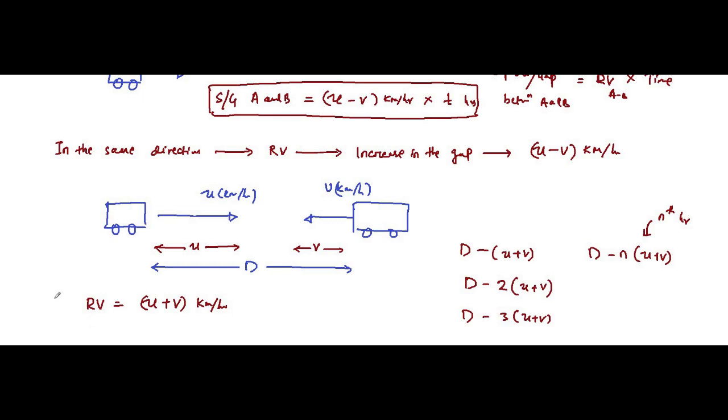And here, when they are traveling in the opposite direction, relative velocity causes a decrease in the gap, and that occurs at a rate of u plus v kilometer per hour. In the same direction, relative velocity causes an increase in the separation distance. In the opposite direction, relative velocity causes a decrease in the separation distance.